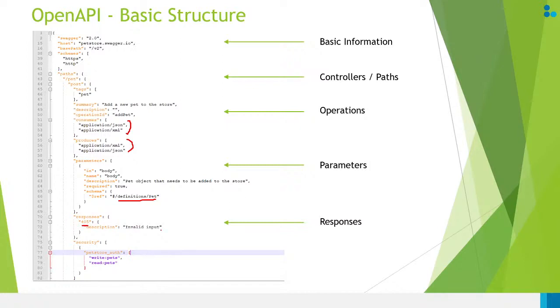But we can also put our successful answers like 200, accepted, or okay, or anything we want. And we can easily put our security, so what kind of authentication we'd like to use for write, read, and things like that. So the basic structure of an OpenAPI file is very easy for us to understand and also for machines to understand.